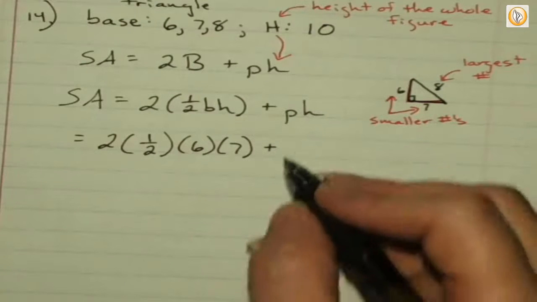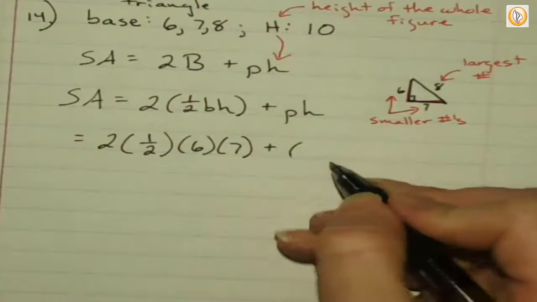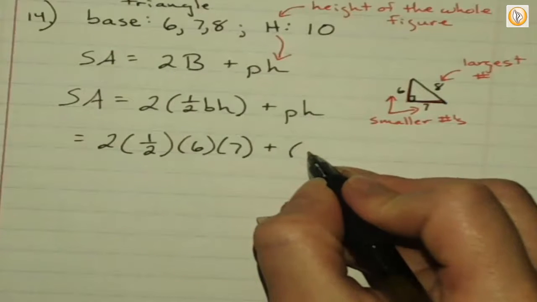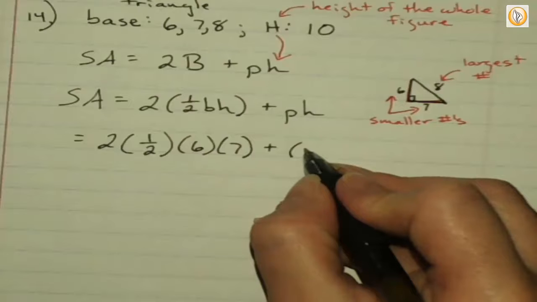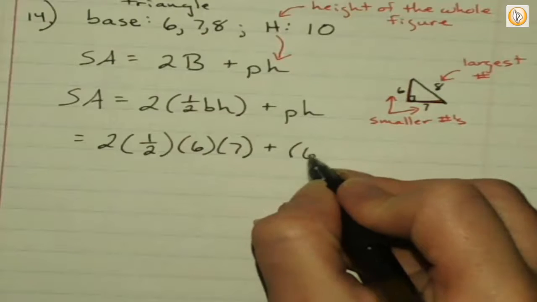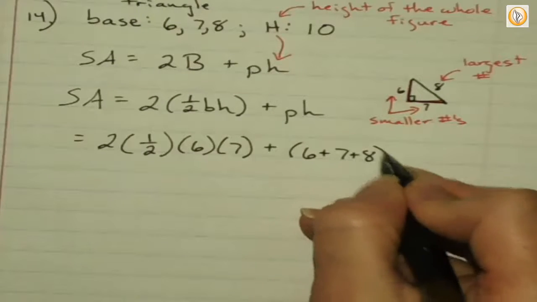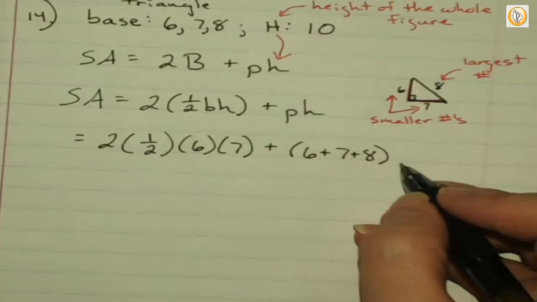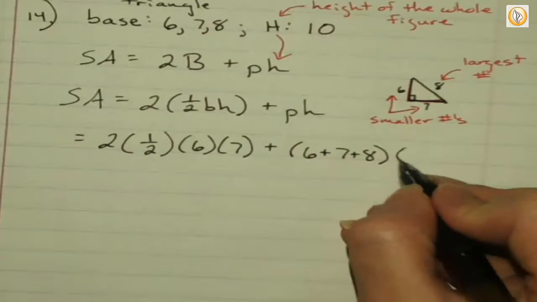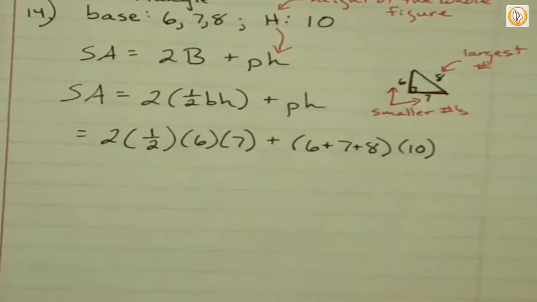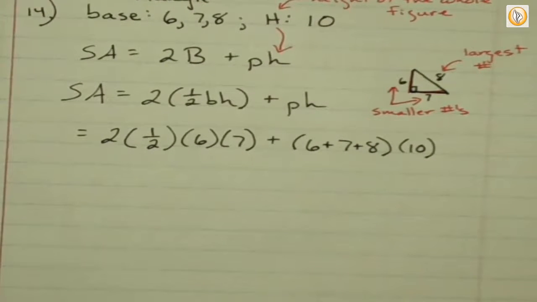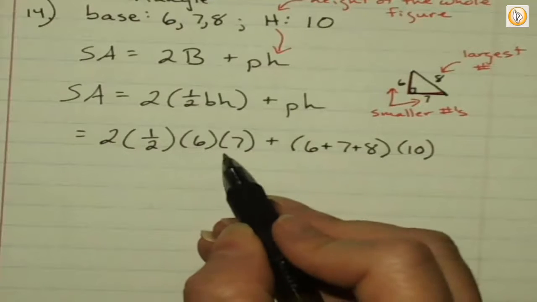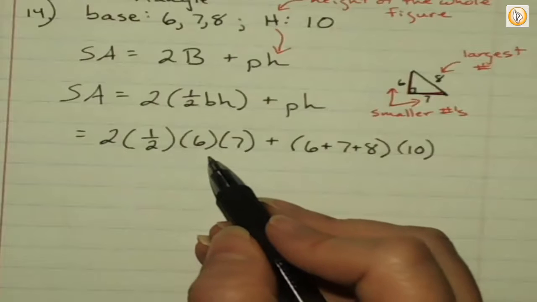Okay, so then my perimeter, Cecilia, how do I figure out my perimeter? Add what? 6, 7, and 8. Very good. And then, Emily, what did they tell us was the height? Very good. Does everyone understand where we got all these numbers? Izzy, do you understand why we're only doing 6 and 7? Emily, do you understand? Do you, Joanne?